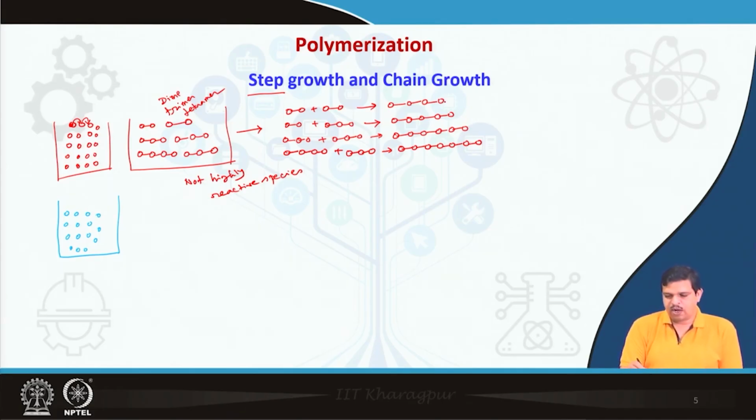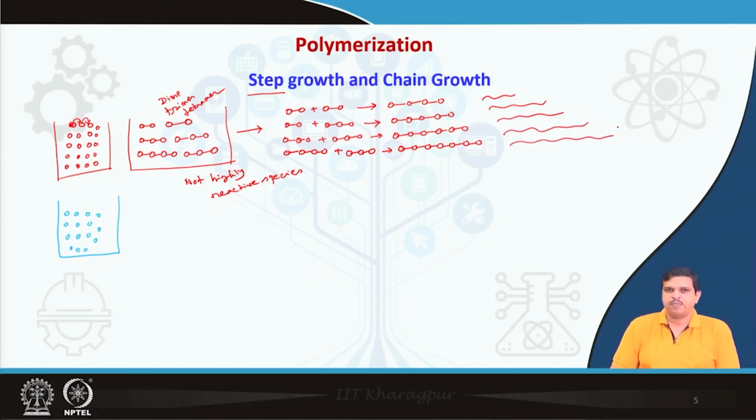At any time you will be getting a different length of polymer chain. So, it is like that. This process is quite slow, as I told, since there is no really highly reactive species there, and at any time you will get a quite broad distribution of the molecular weight.